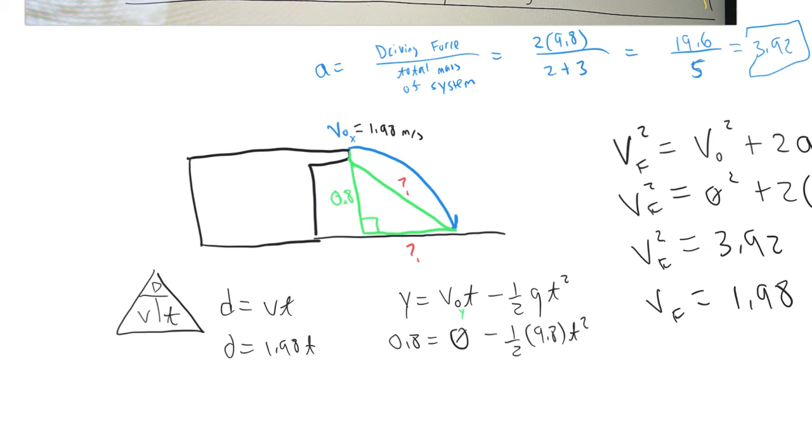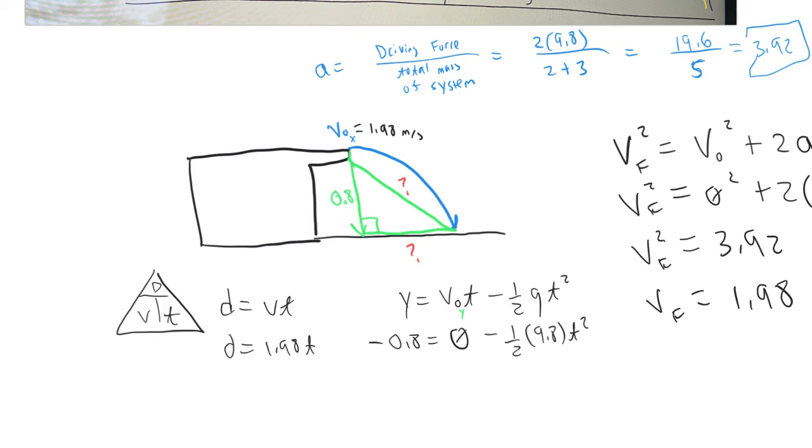So let's see. Yeah, sometimes the negatives throw me off. I mean, let's just recognize that this is actually down, right? It's going down 0.8, so we're going to make that negative. Sometimes the signs throw me off a little bit. So we could multiply both sides by 1/2 right now.